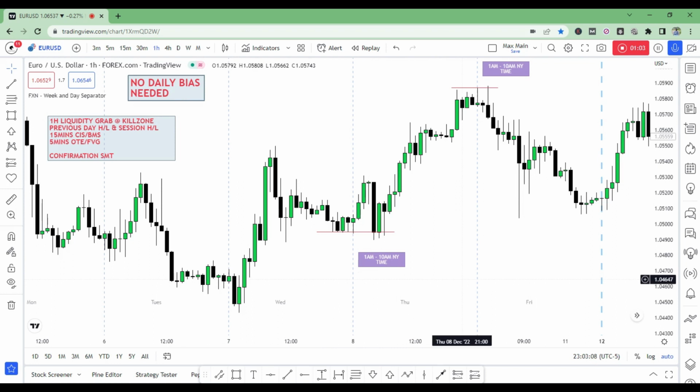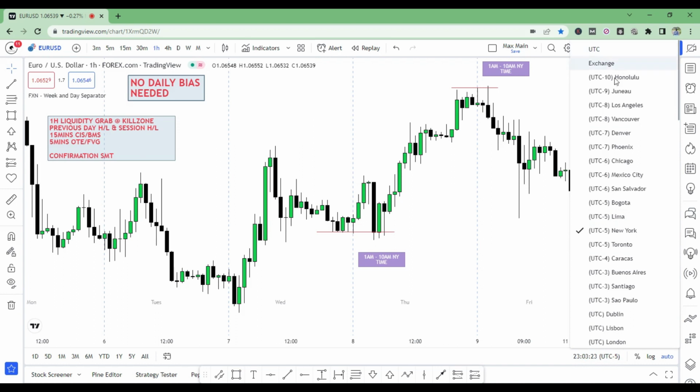So even before we go any further, maybe I can just touch base on what the kill zone is all about. If you look at this time down here, I've set my time zone to UTC minus 5. Essentially, I come to this section of time and I select the New York time.